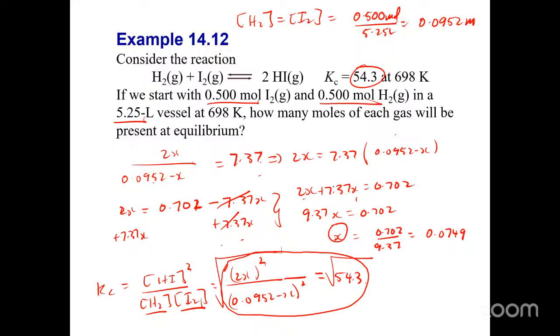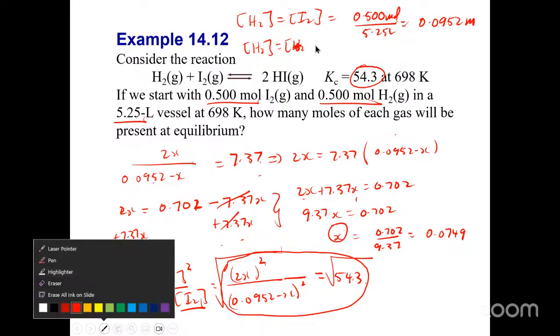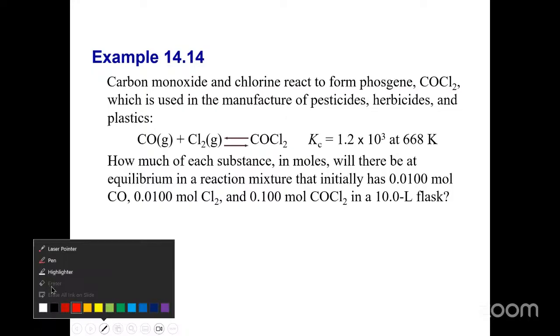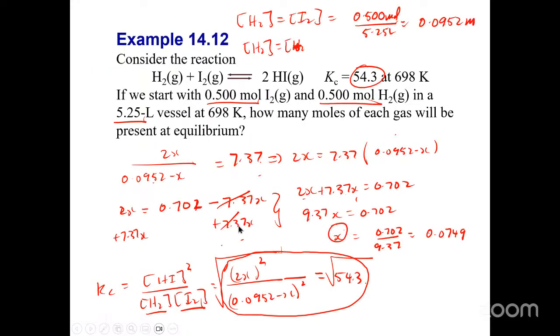X is the change in the concentration of H2 and I2. Remember I erased it, but we said that the concentration of H2 at equilibrium is the same as the concentration of I2, which is equal to 0.0952 minus x.